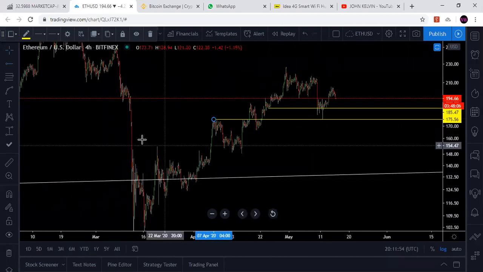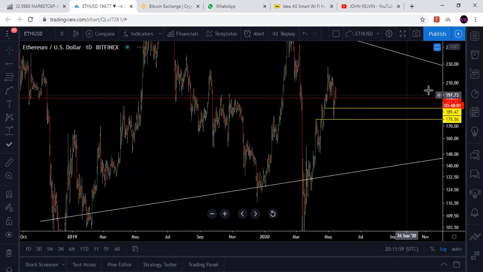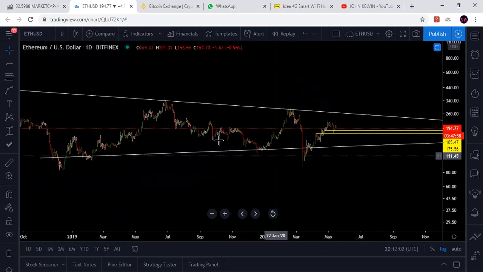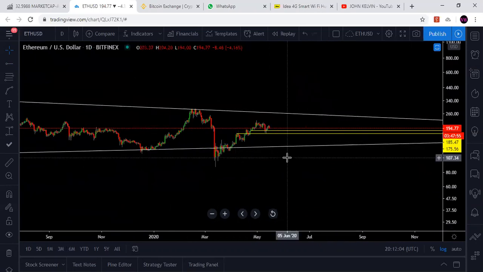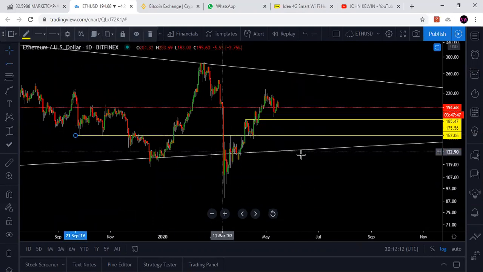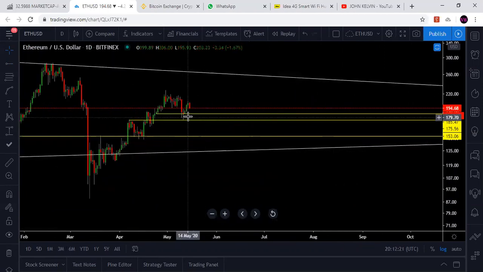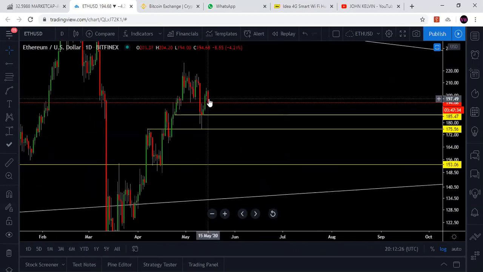On the daily time frame, let me expand that a little bit, and again here, again. So just keep an eye on 1, 2, 3. These targets to the downside will only be valid when this closes like this, and the next candlestick closes below the rejection wick.